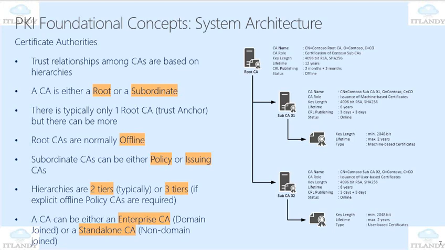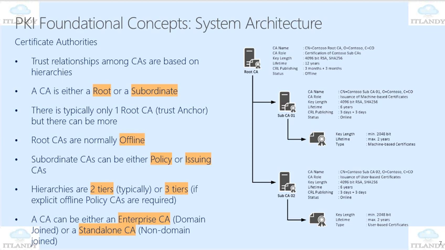The CA is either a root or subordinate, yeah? There's typically only one CA, trust anchor, but there can be more. It depends on your requirement, yeah? For example, internal CA for maybe VMs, or maybe you have for applications. It depends on the design, but we will cover this in more details.